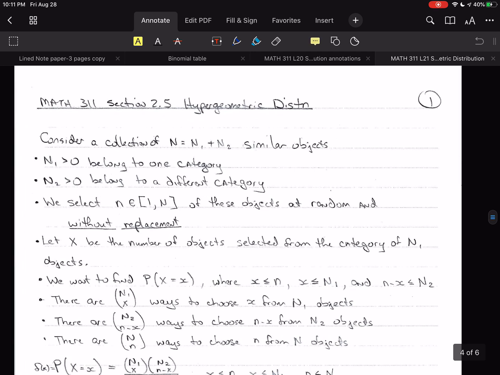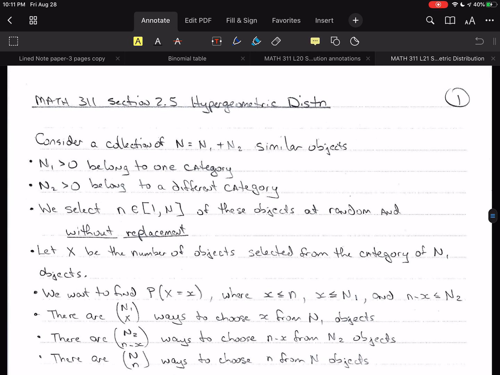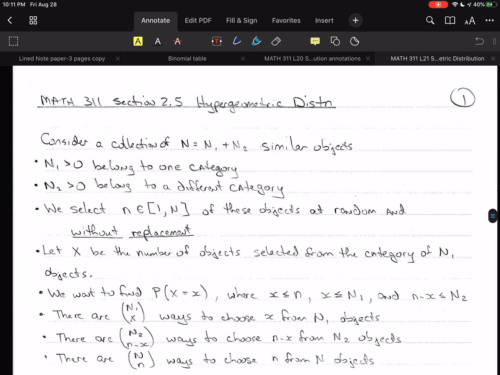Now, there is no table for the hypergeometric distribution. Let's talk about how it's derived. We have a collection of N similar objects, but there are two categories within it. We have N1 items that belong to one category, and N2 items that belong to the other. Neither N1 nor N2 can be 0; there has to be some in both categories.